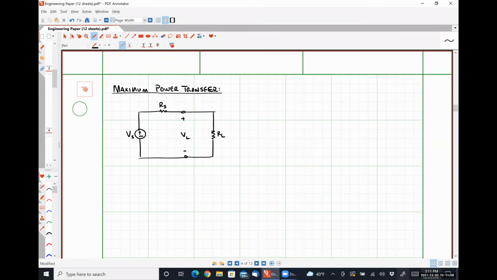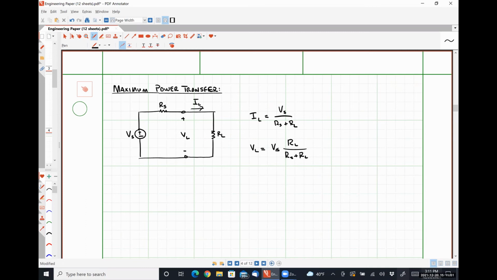This is my voltage VL. This is my current IL, right? So we could see pretty easily that IL is simply Vs divided by Rs plus RL. And we can see that VL is simply Vs times RL over Rs plus RL using voltage division.